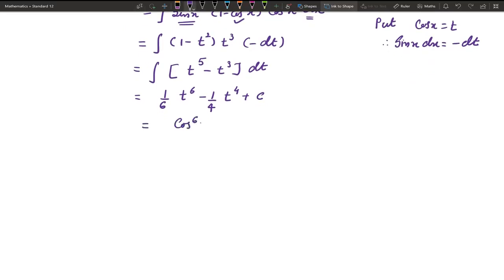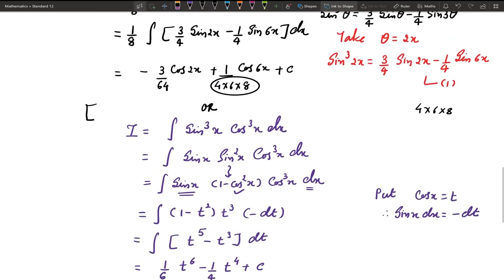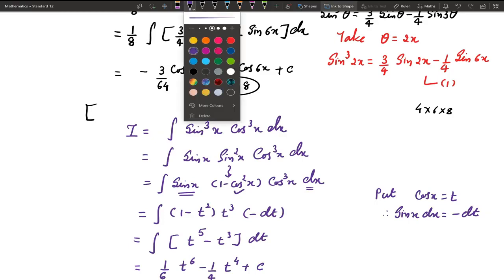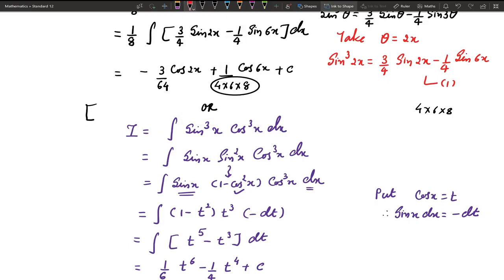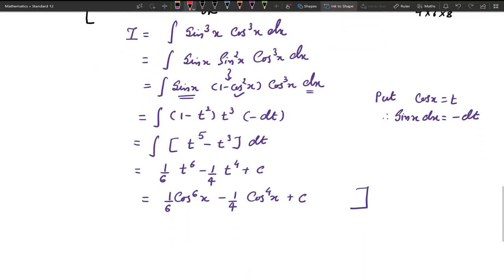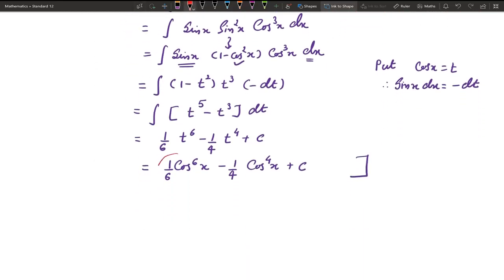So this is cos raised to 6 x by 6 minus 1 by 4 cos raised to 4 x plus c. So this is an alternate method, but you can observe that in both methods the nature of the solution is different. Here you observe this solution, and in the same problem you observe that solution.